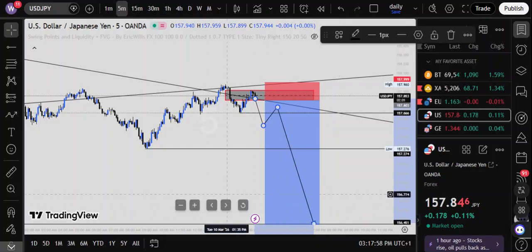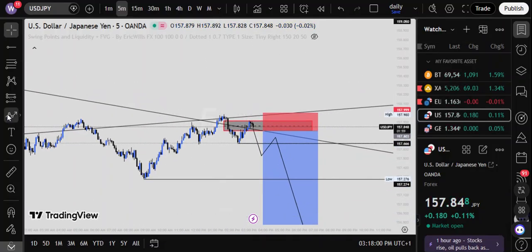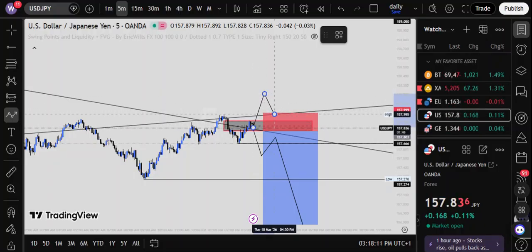This is a probability, and this is another probability that price might play out: price might continue, break out to this upside from here, give us a retest, and expect a pull up to the upside. So this is another probability.